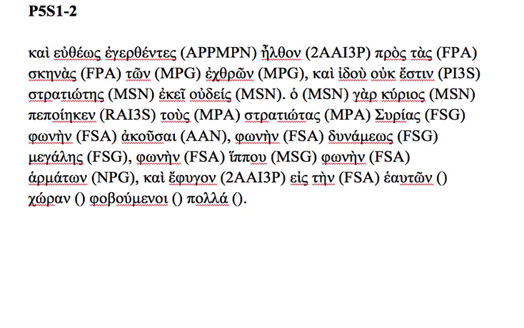Estain heauton, masculine plural genitive, to their own country. Fabuminoi pola. This is from phobeo. Remember the contracts: epsilon plus omicron yields a contraction.